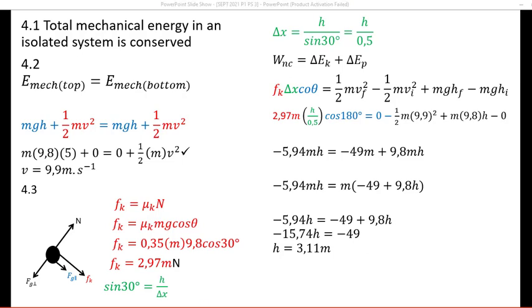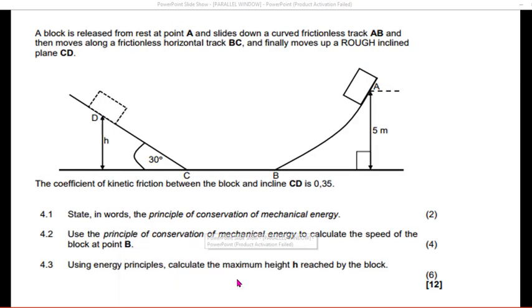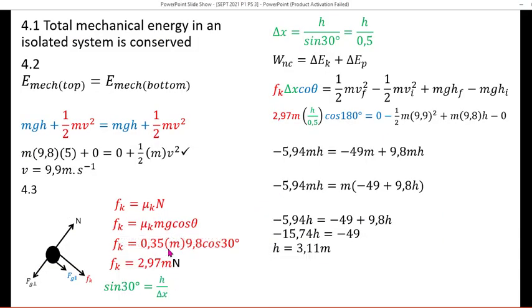We can go and check. That is, point A is 5 meters high from the ground, and then we substitute the 5, plus 0. Now why 0? The velocity or the speed at point A is 0.